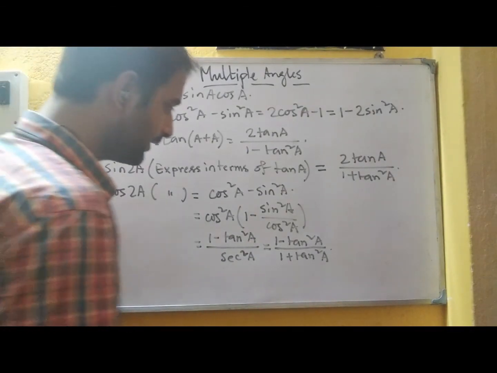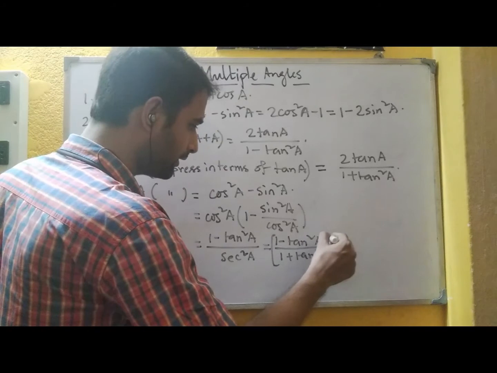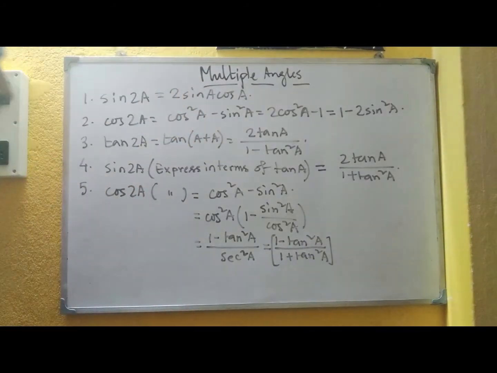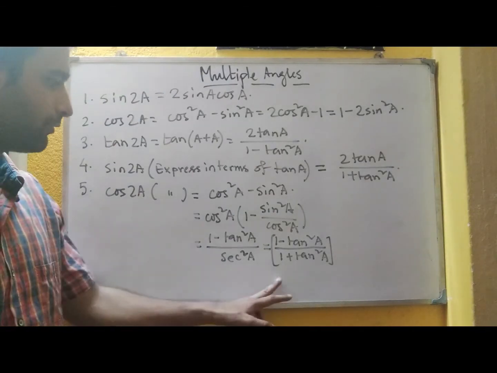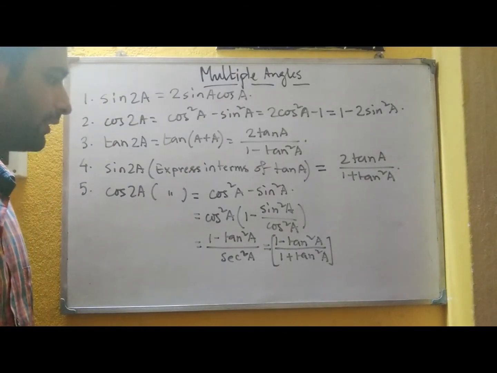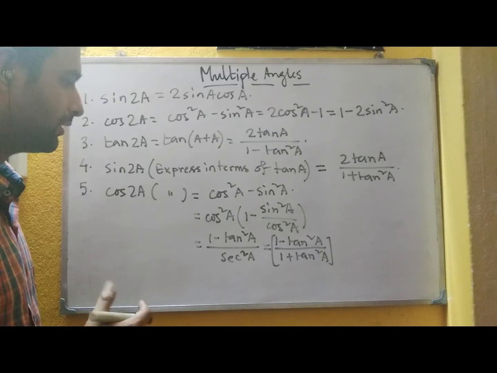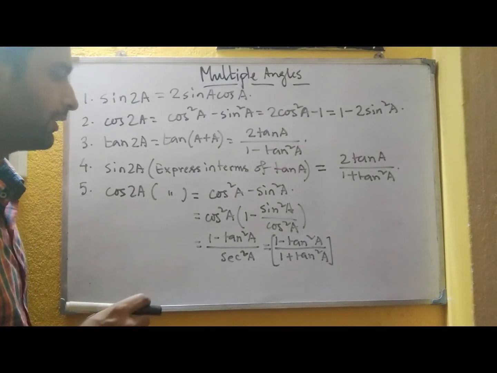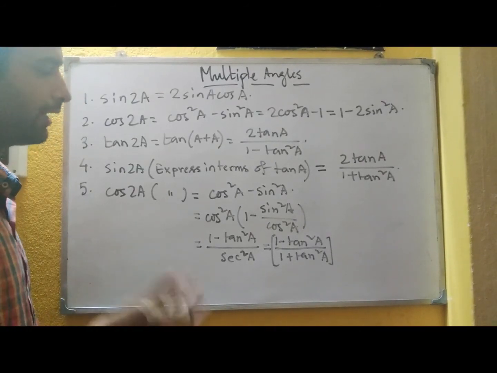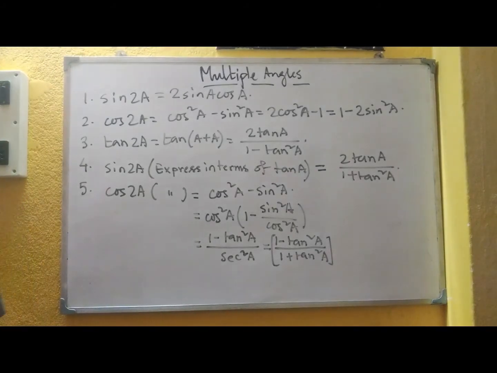Also see, it is in the form of a plus b by a minus b, or you can say a minus b by a plus b. So it is clear that whenever we use this formula, we should remember that we may have to use componendo and dividendo in the sum.